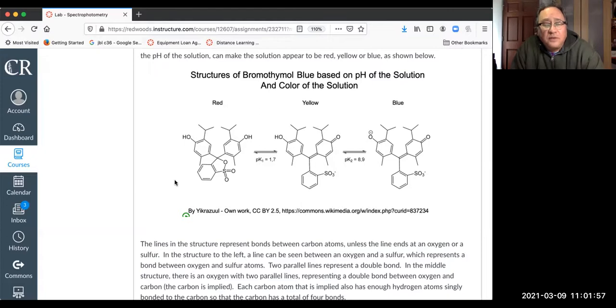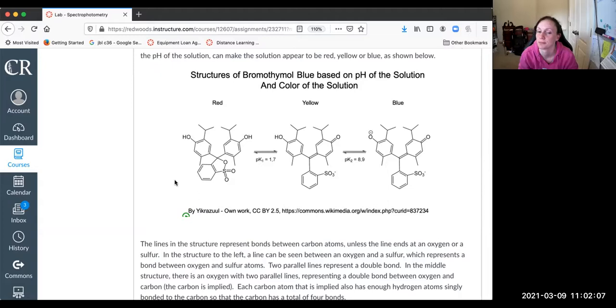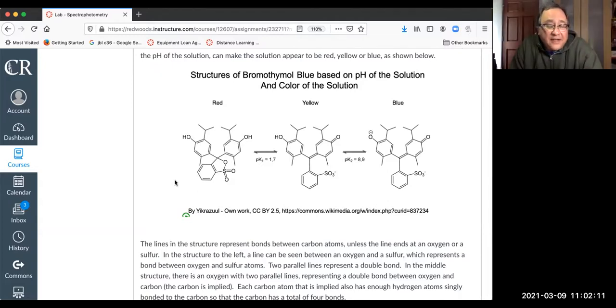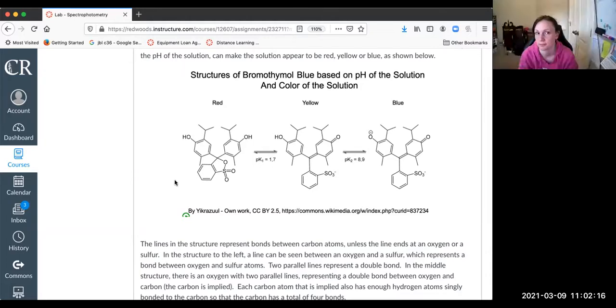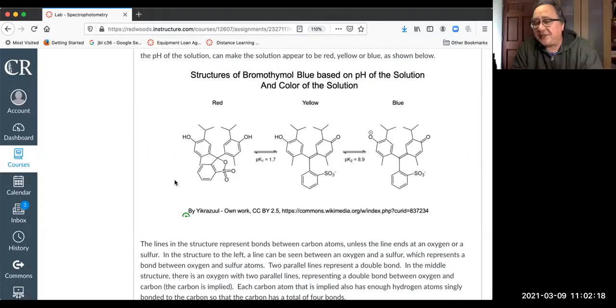And the sulfur is only bonded to one part of the molecule, not to another part of the molecule, right? Yeah. And then when we go to the structure to the right, the OH at the left is missing its hydrogen, and those little differences mean that the molecule will absorb light differently.